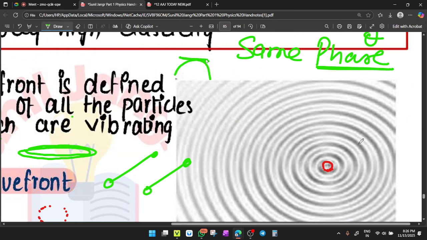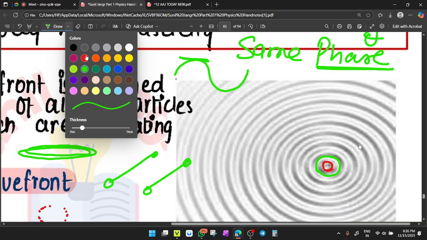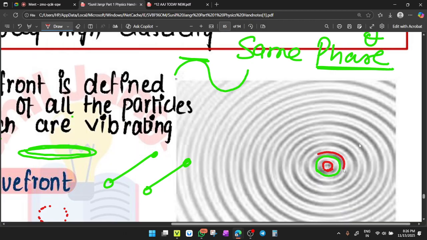After that, some depression is seen. So this is called trough. Then again it is crest, where displacement or amplitude is maximum.